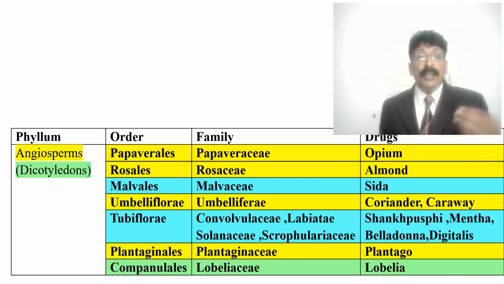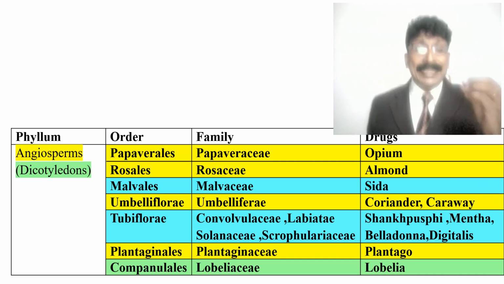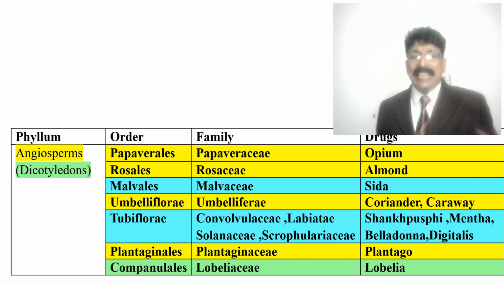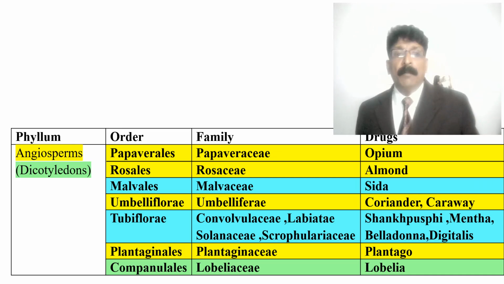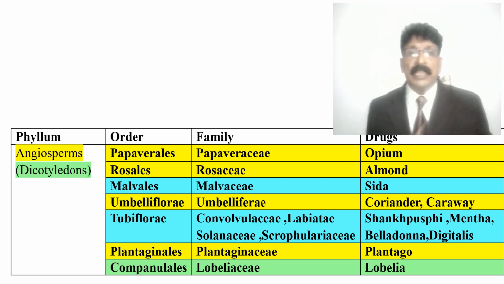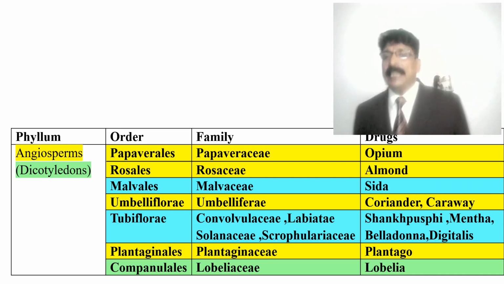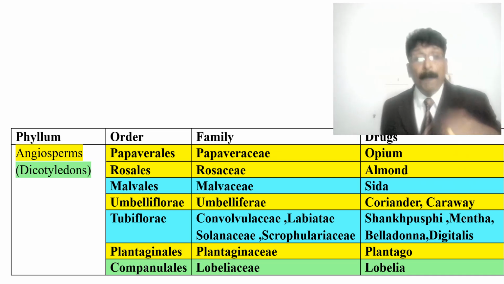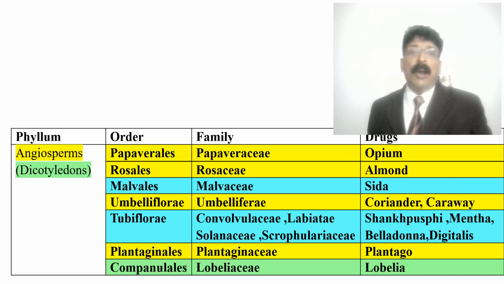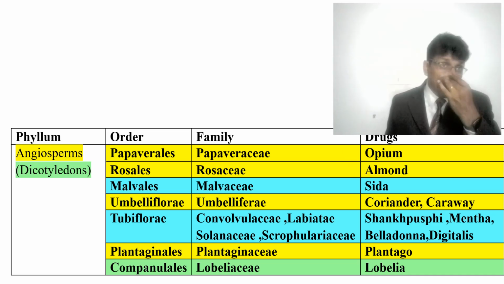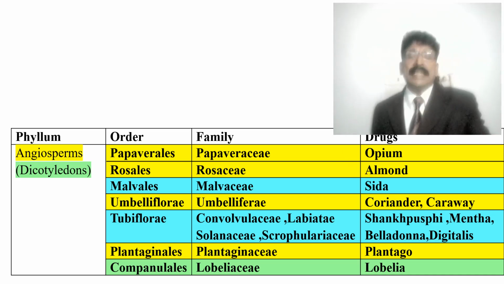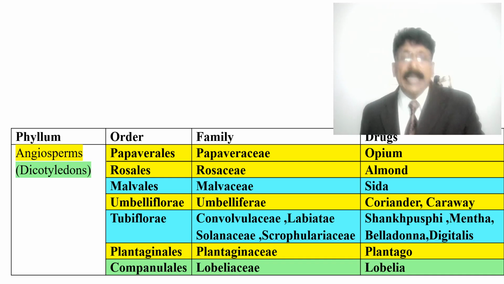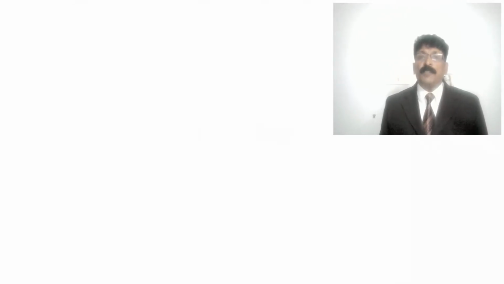And when you come to the order Plantaginales, the family is Plantaginaceae. This Plantaginaceae, example Plantago, and then you can say Campanulales is the order. You can have a family, example is Lobeliaceae, example Lobelia. So these are some of the examples which you have to specify according to the order.